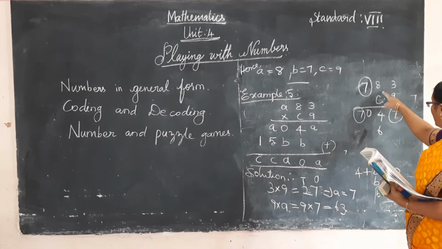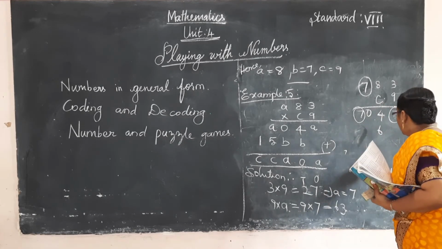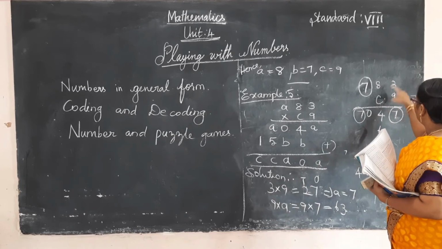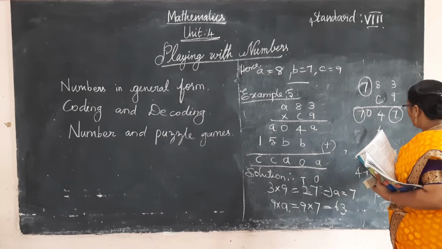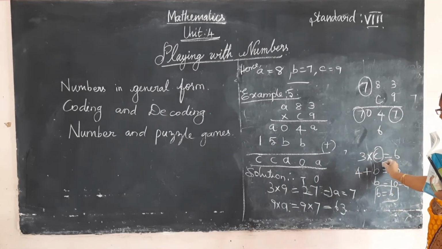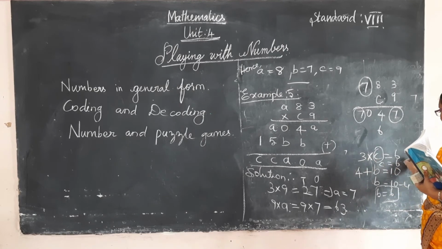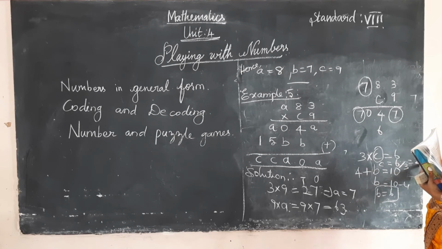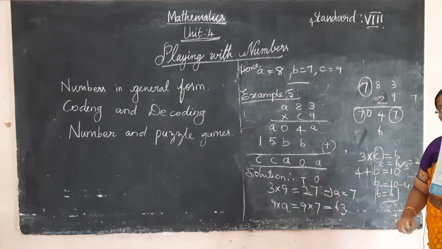Which number do we want? The C value. So 3 into C is equal to 6. C 3s are 6. So C is equal to 6 divided by 3 is equal to 2. Therefore, the C value is 2.